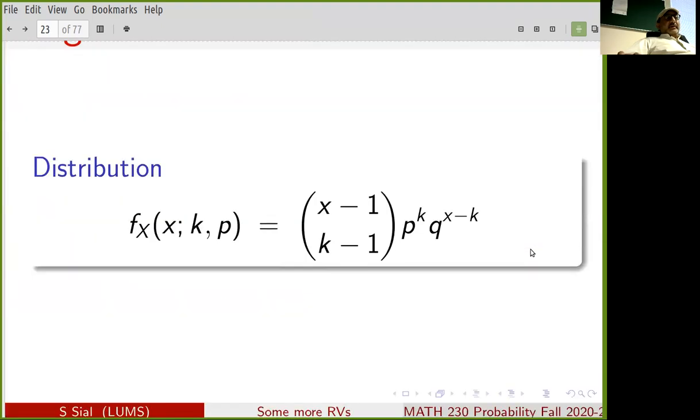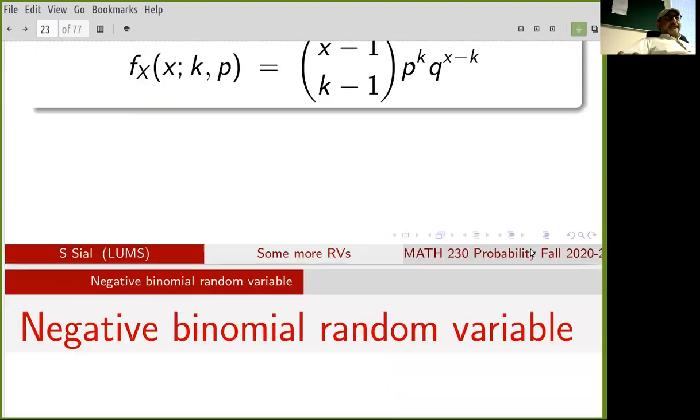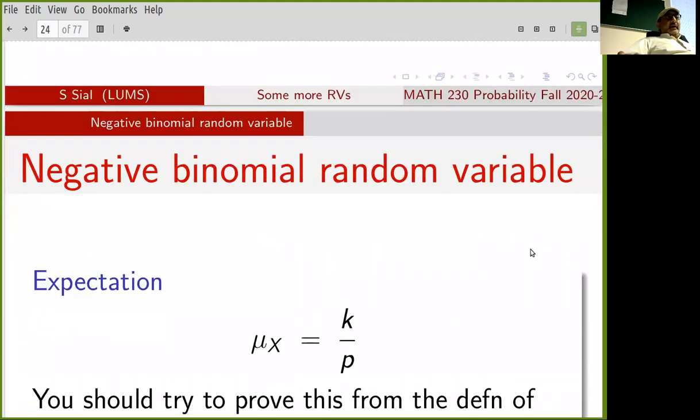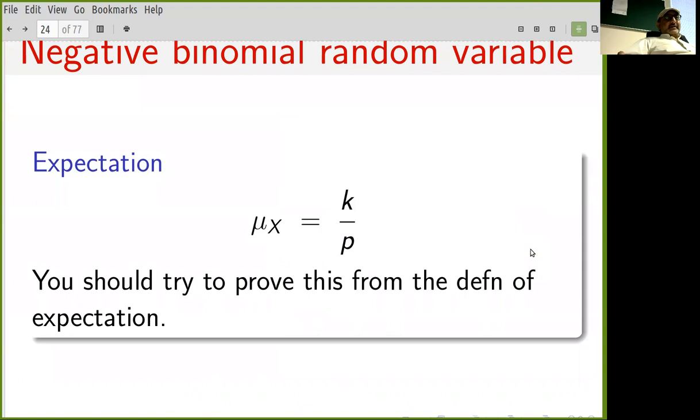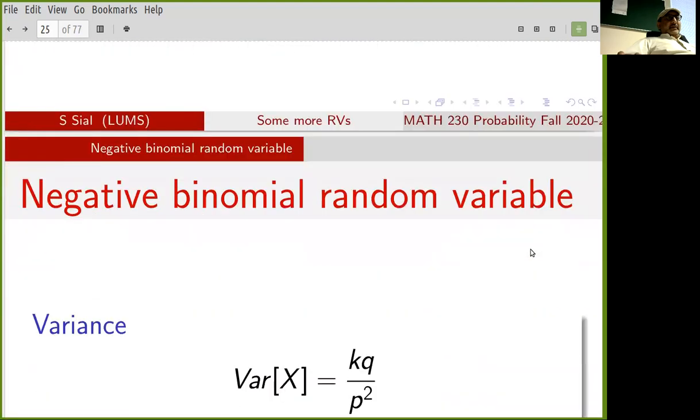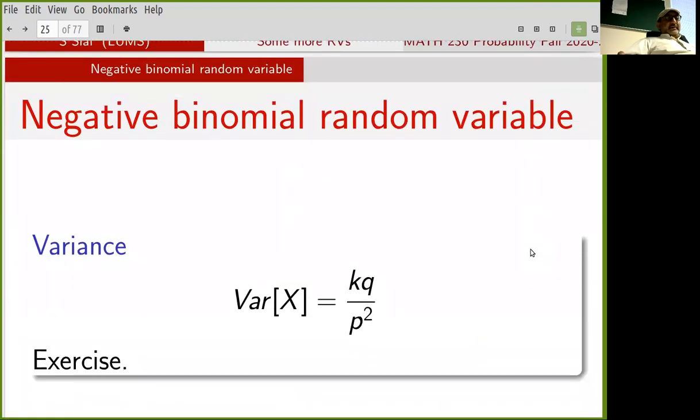Okay, so that's the distribution. And if you do a bit of work, you can get that the expectation of the negative binomial random variable is equal to K over P, and its variance is KQ over P squared.